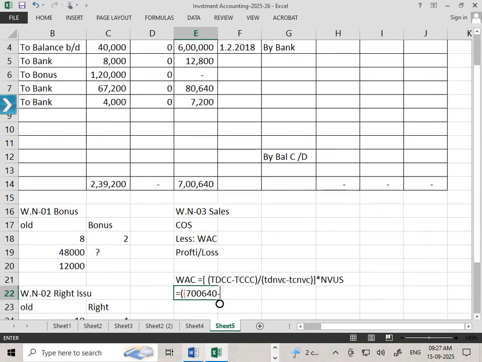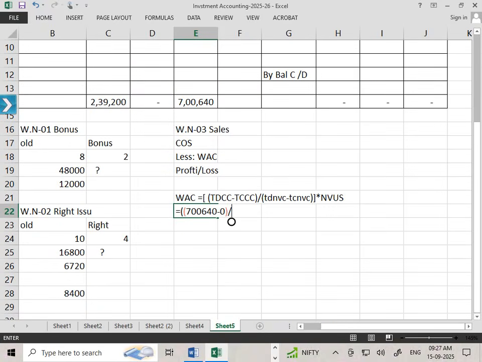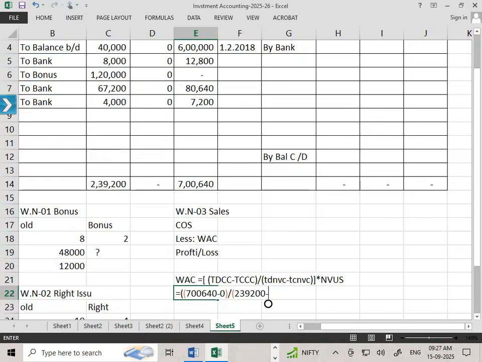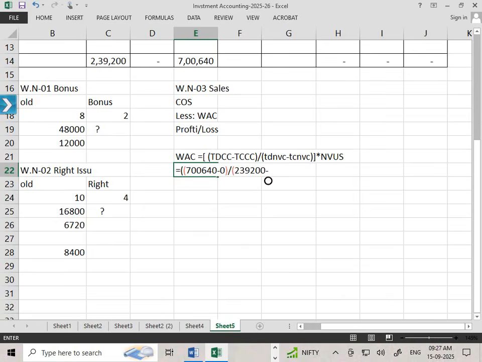So minus 0. The whole divided by total debit side of nominal value column. This is the nominal value column. Total debit side nominal value 2,39,200 minus total credit side of nominal value column, which is 0. So minus 0.